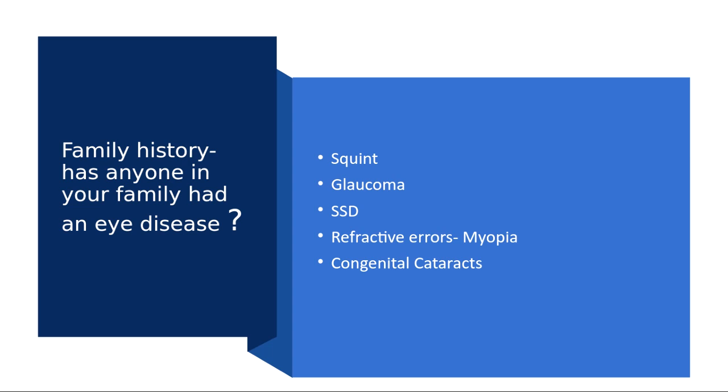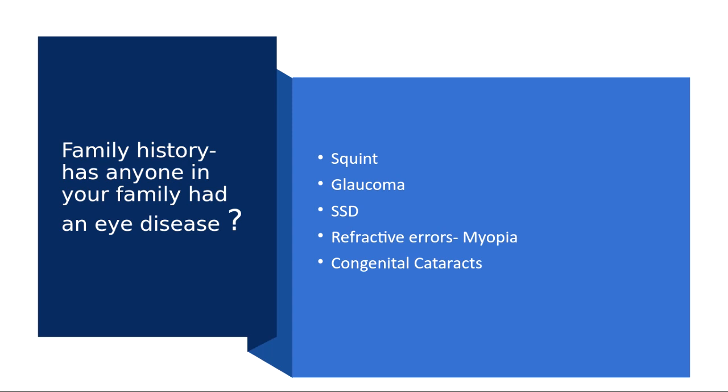If I see a patient with, say, raised intraocular pressures and they have a history of blindness in their family, I might want to be more aggressive in my treatment, as opposed to a patient with raised intraocular pressure who has no family history of glaucoma, no history of blindness. Then I might not feel that I have to be as aggressive in my management.